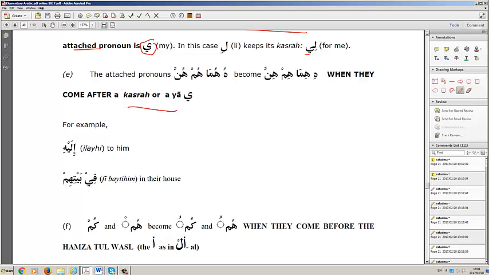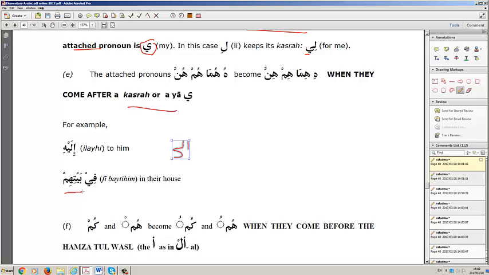So for example, if you have "to him", it's ila plus hu. But this is a ya there, so according to this rule, they become hi. They must take a kasra, so it becomes ilayhi, to him, or ilayhima, to them, or ilayha, to her.